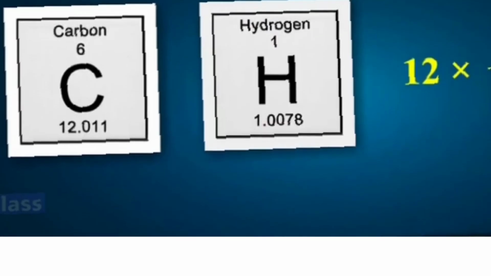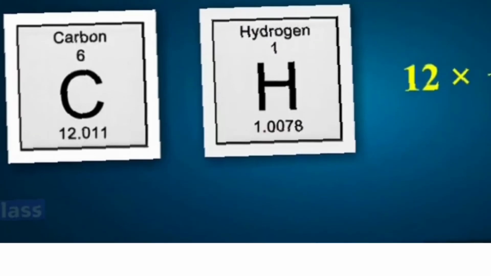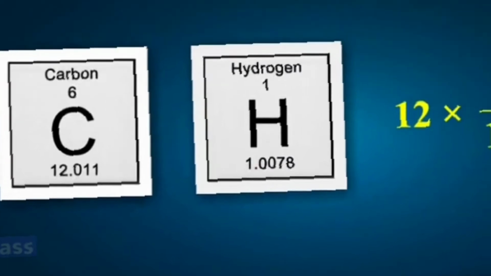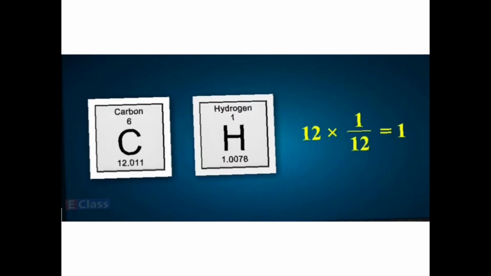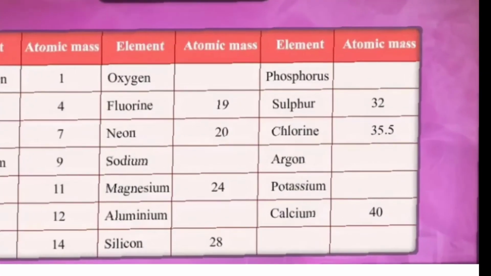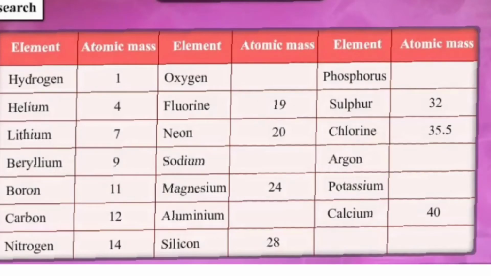And carbon is 12.011, which is roughly equal to 12. So carbon is 12 times heavier than hydrogen. You can see that, right? Last time I asked you to fill up this chart, as oxygen is 16, sodium is 23, like that you were asked to fill up all the things. I hope everybody has completed this.